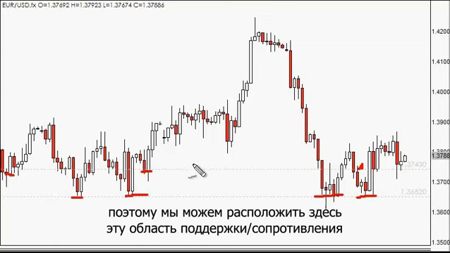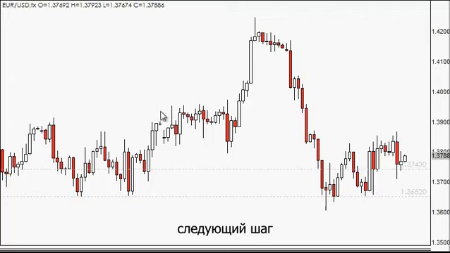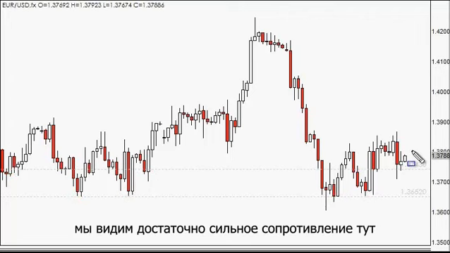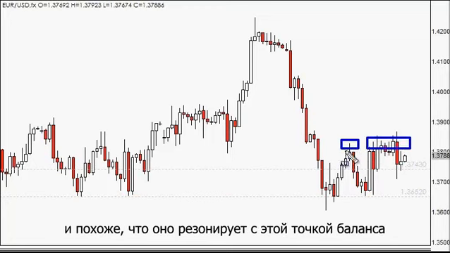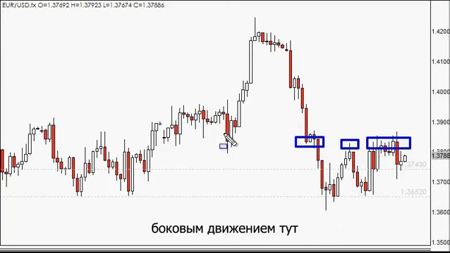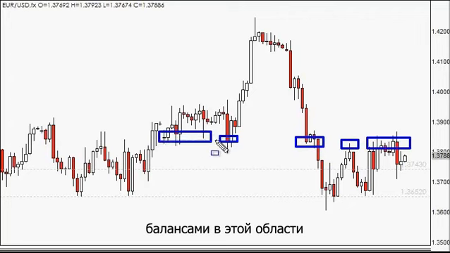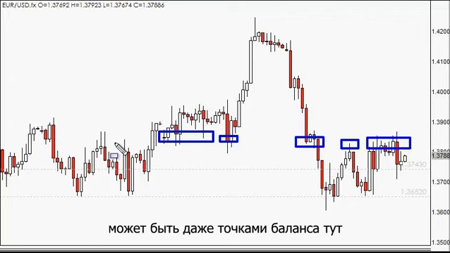Okay, so next one up, we've got some pretty clear signs of resistance here. I think it lines up with this point here too. Nice strong bounce here. And it seems to line up with this sideways movement here, this bounce here, kind of general bounces through here.